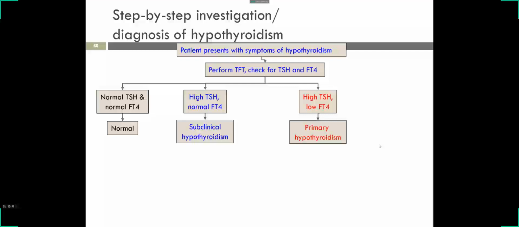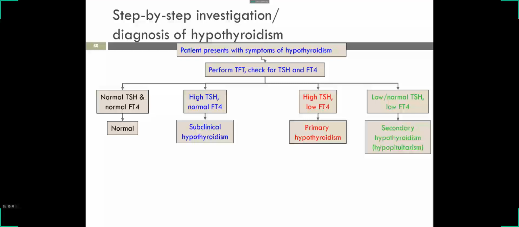In this case, right away you know something's not right, and it must be primary hypothyroidism. If it's low to normal TSH and low free T4, it might suggest something else is wrong, and it's not the thyroid gland, but something like the pituitary, for example.